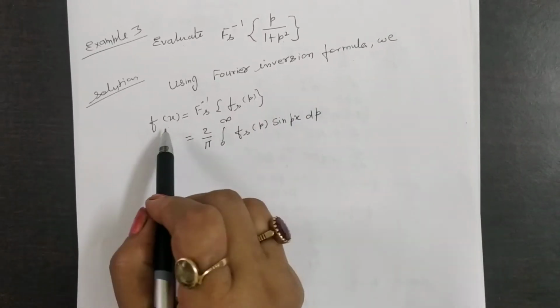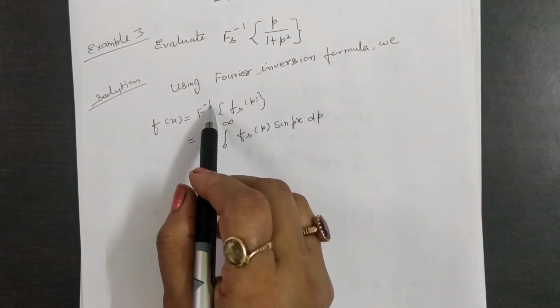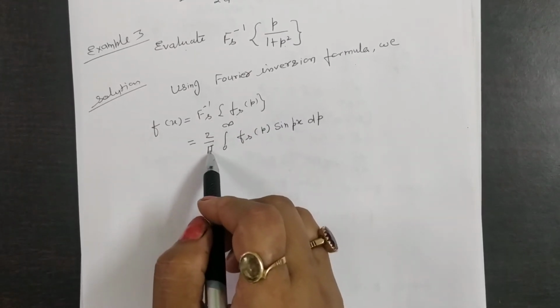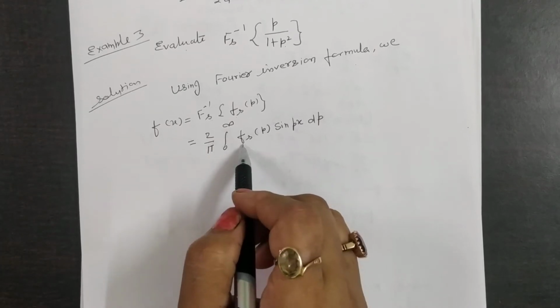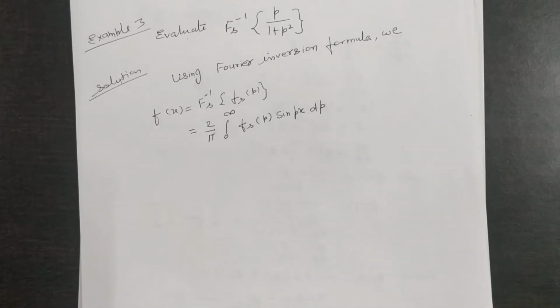Which is f(x) equal to the inverse Fourier sine transform of Fs(p). So this formula is 2/π ∫ from 0 to ∞ of Fs(p) sin(px) dp. Okay, you know this one.